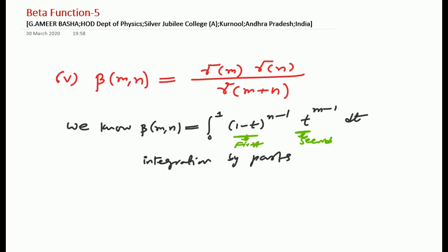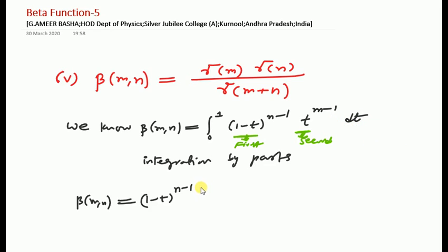So integration by parts, I have beta mn will be equal to first term into integration of the second term. Integration of the second term, t power m minus 1, will be t power m minus 1 plus 1 divided by m minus 1 plus 1. That is the integration of x power n formula, x power n plus 1 by n plus 1.